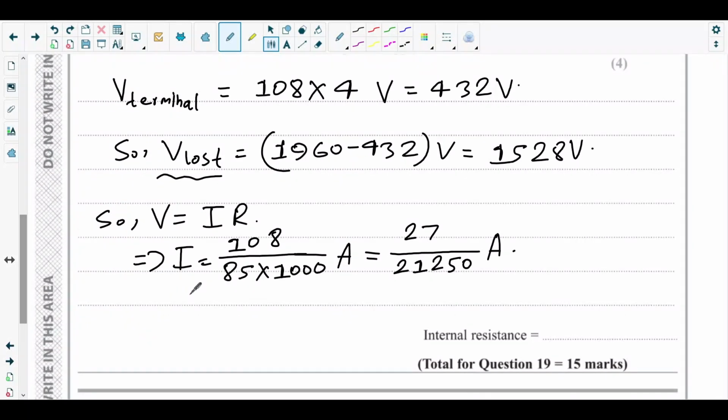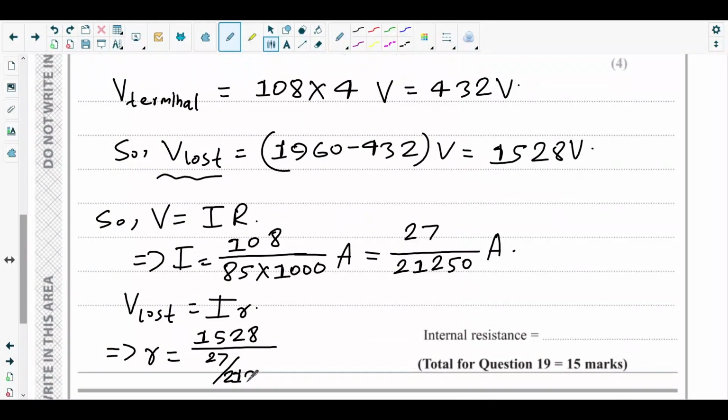Now we got the lost PD. Lost PD can be written as V lost equals current through the circuit times the internal resistance. So we need the internal resistance. V lost is 1528 over the current, which is 27 over 21250 ampere.